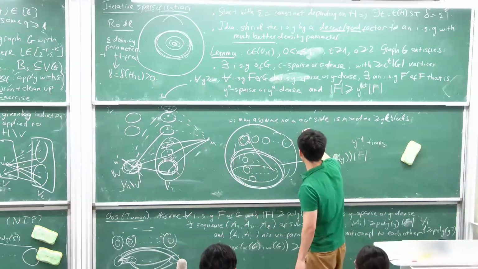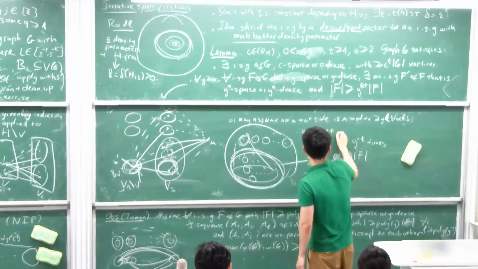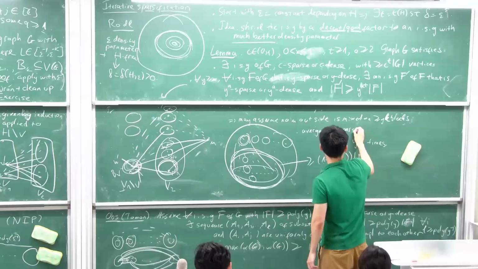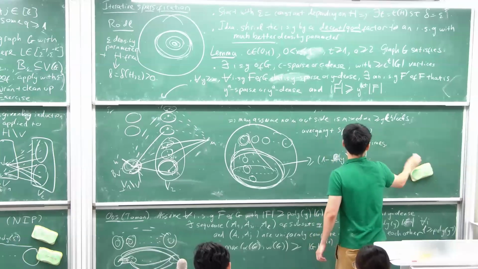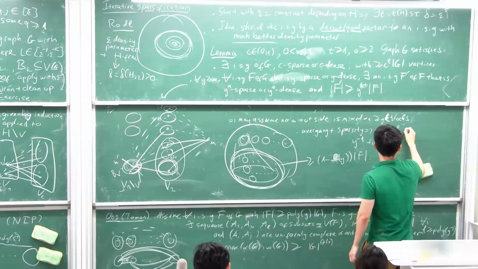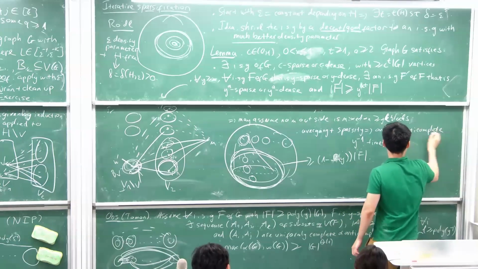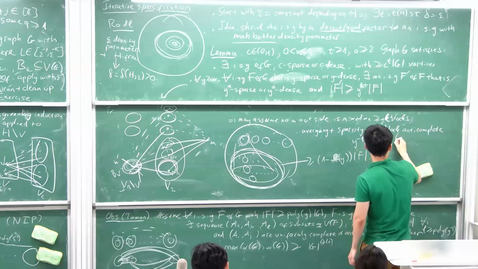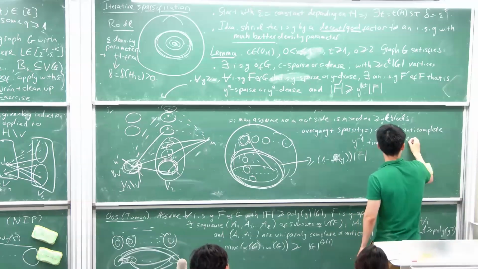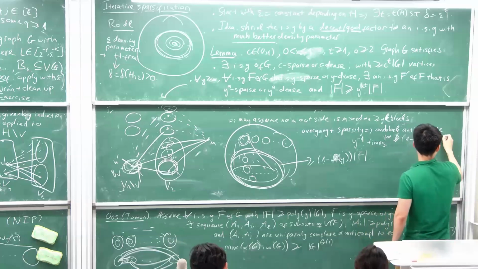So here's about averaging. There's one block which is incomplete to at least 1 minus some function of y of the rest.